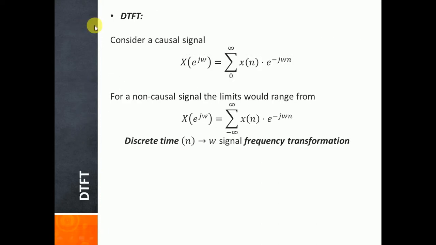Let's start with the definition of the discrete time Fourier transform. This is the definition. So consider a causal signal. It doesn't have to be a causal signal. For a non-causal signal, the summation will range from negative infinity to positive infinity. Here, because the signal starts from 0, the summation starts from 0 to infinity.